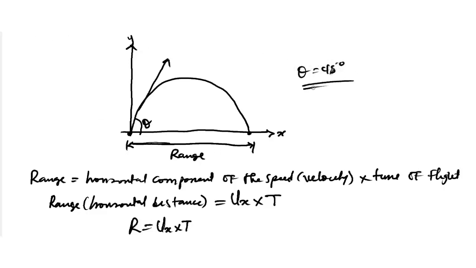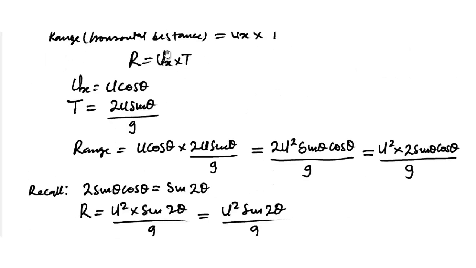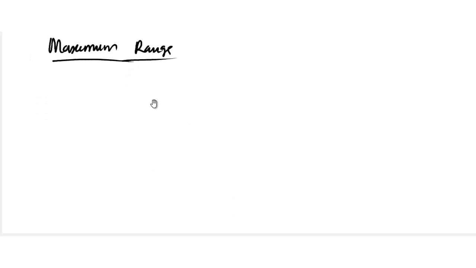So what does that imply? It implies that range is maximum when theta is equal to 45 degrees. So range is R max when theta is equal to 45 degrees, where theta is the angle of inclination to the horizontal.